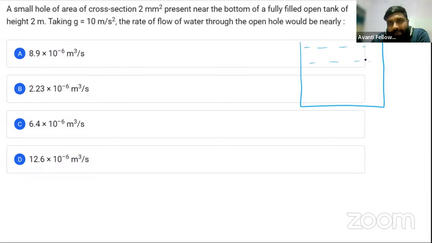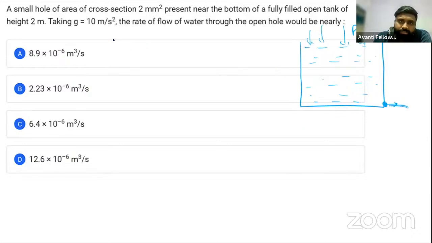So this is the open tank that we have. If the tank is open, the pressure acting on the tank is only atmospheric pressure, P atmospheric. Nearly at the bottom, we have a hole from which the water is coming out. Okay.